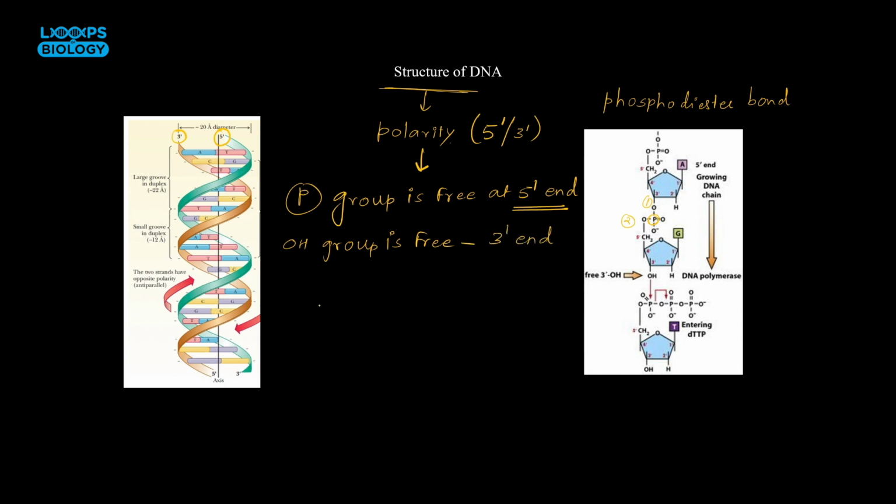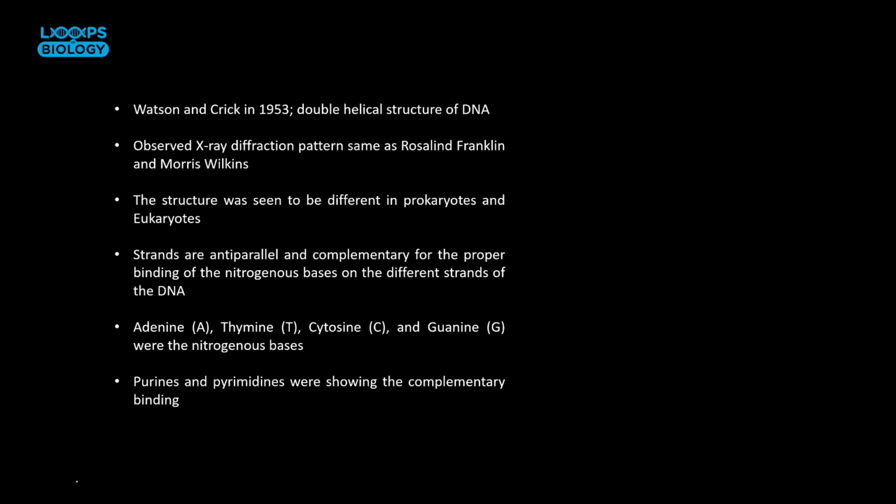So one strand of DNA is going to have 5 prime to 3 prime polarity, while the other strand has a polarity in the reverse direction, that is 3 prime to 5 prime. Now this structure was first identified by Watson and Crick in 1953 as a double helical structure. That means double-stranded DNA was discovered.